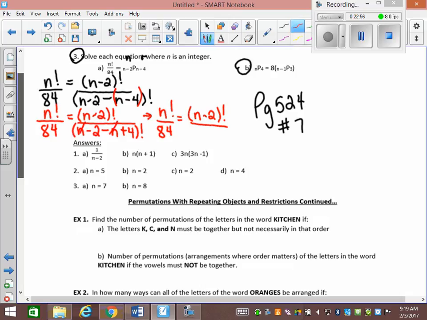Negative 2 plus 4 is just 2 factorial. What's 2 factorial? 2. So do I have to write 2 factorial? No. I could just write 2 because 2 factorial is 2. And then you're going to have to cross multiply. Bring that up. Bring that up. Try those out. So you do number 7 on page 524 and this for homework for Monday.